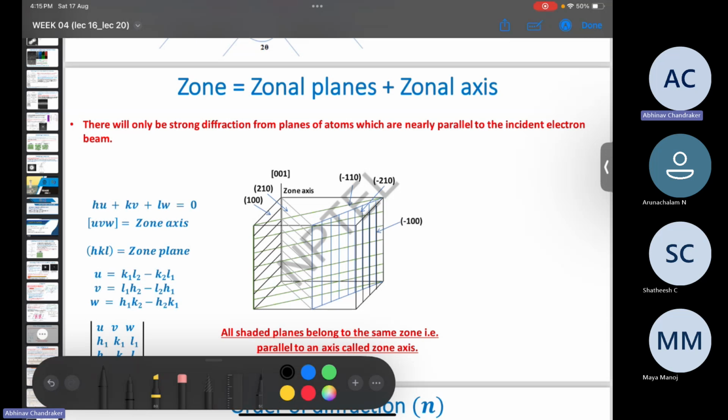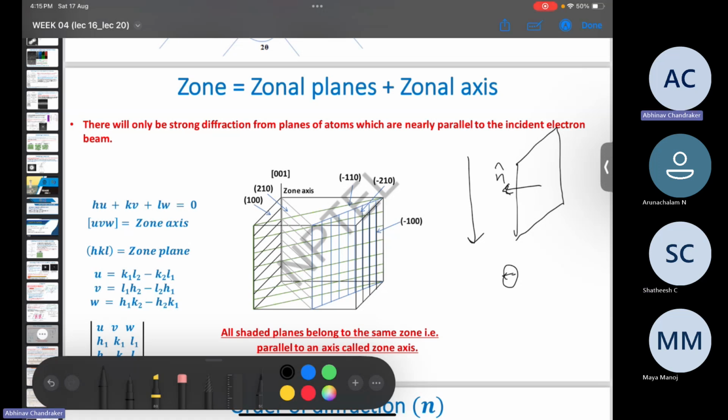So if we assume that the electron beam is traveling along one particular axis, then all the planes which are almost perpendicular or completely perpendicular to this axis, so all the planes which have a normal which is perpendicular to this axis, will be able to cause diffraction because the theta values are very small.